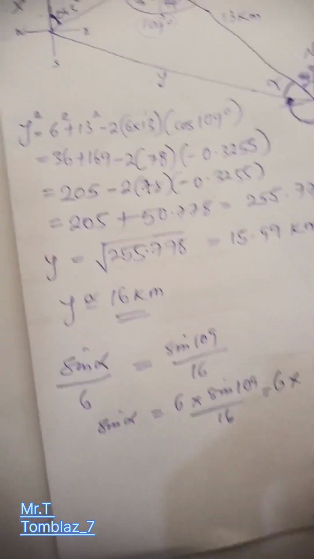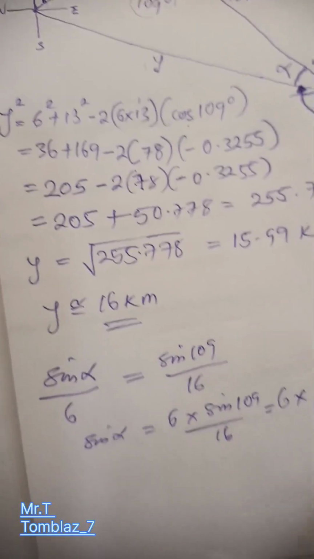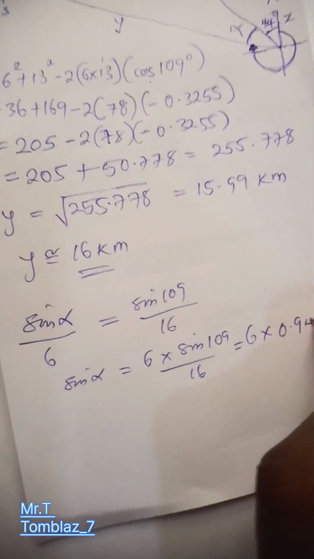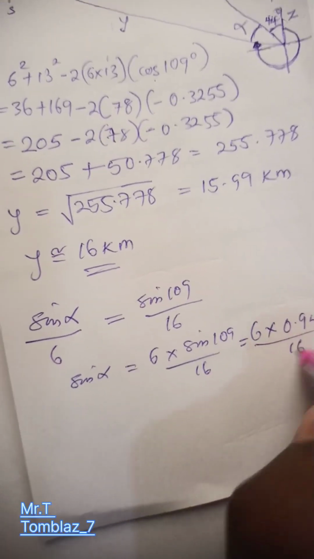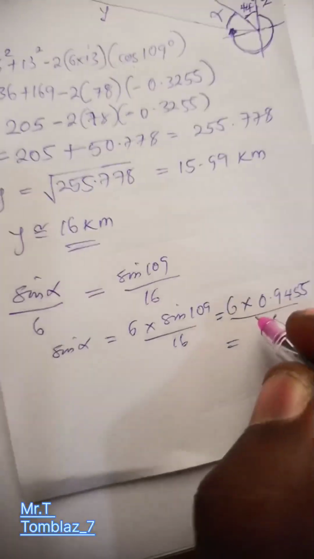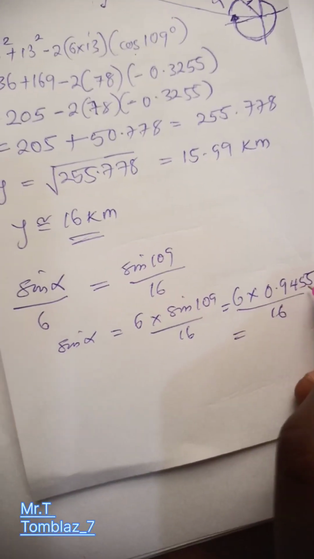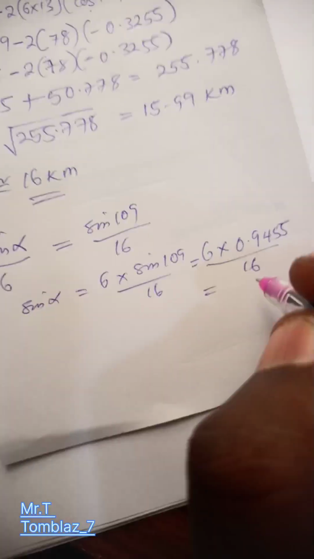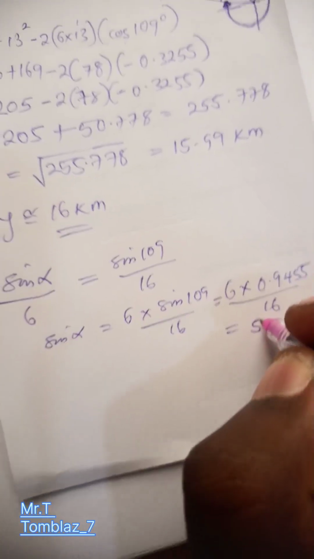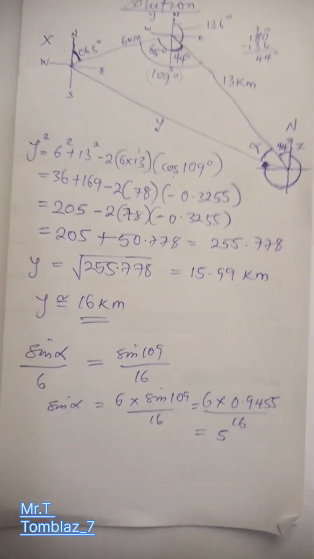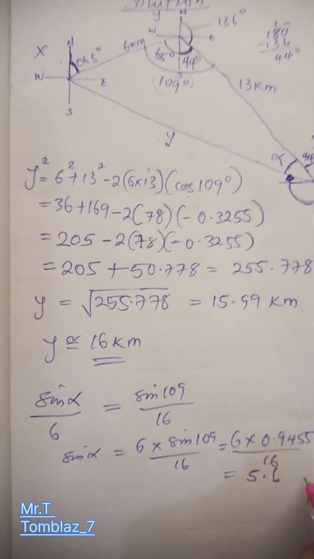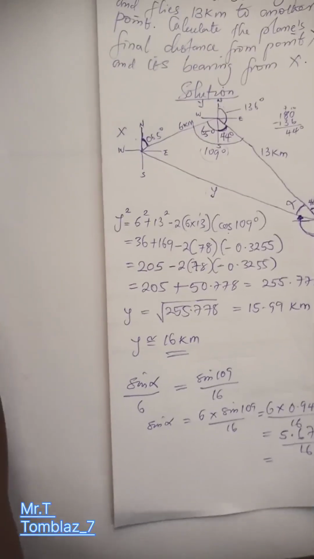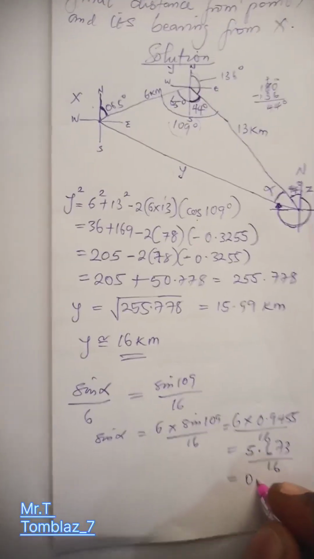Sine 109 gives us 0.9455, so 6 times 0.9455 is 5.673, divided by 16.